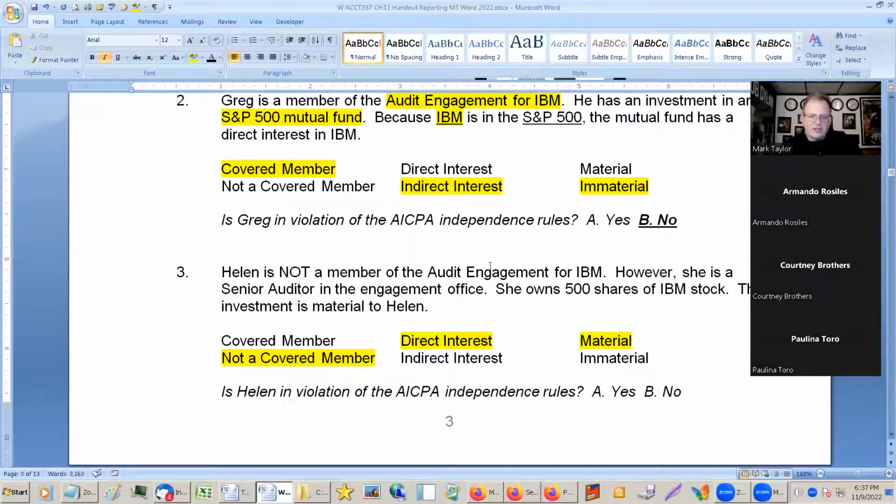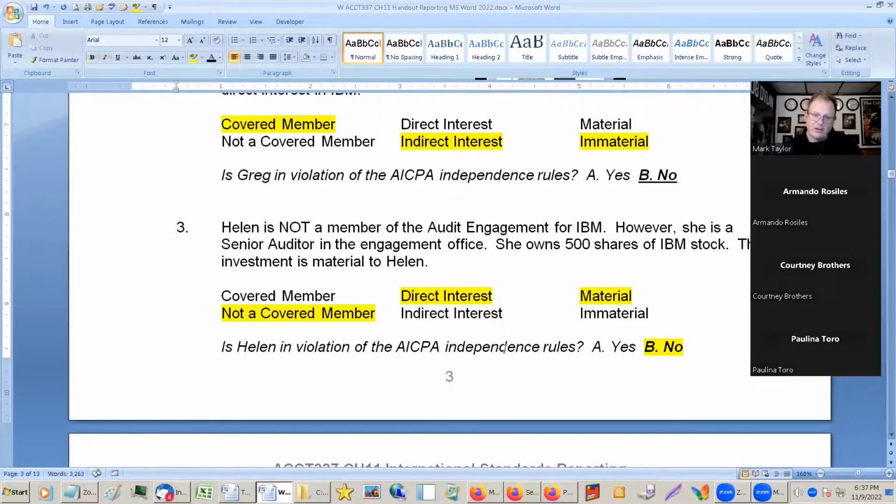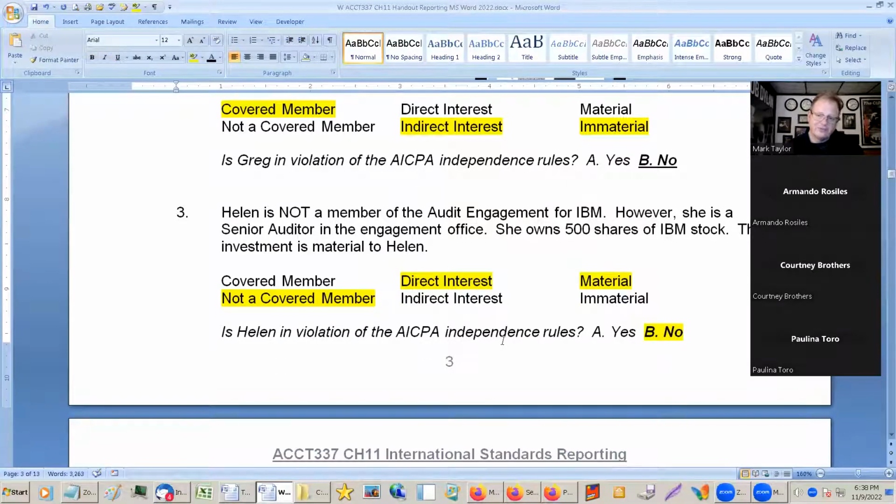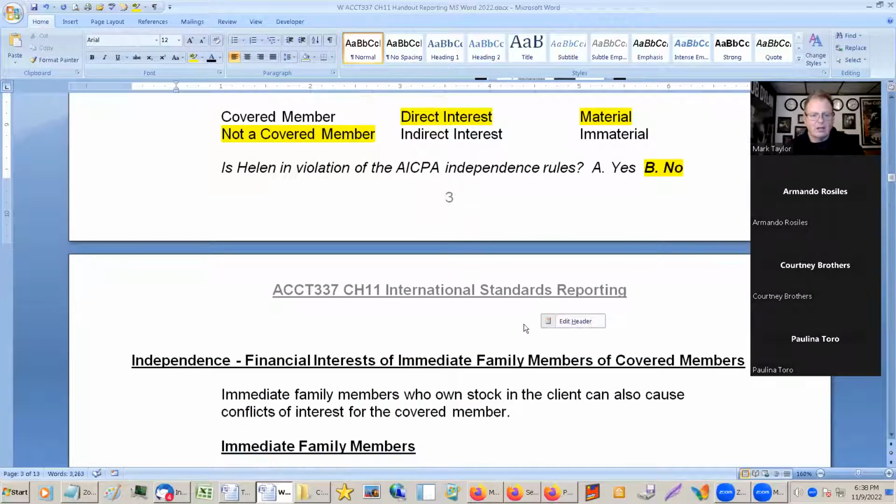So is she in violation? No. She's not a covered member. She doesn't have to follow the same rules as other people do. So Helen does not have to follow the covered member rules.